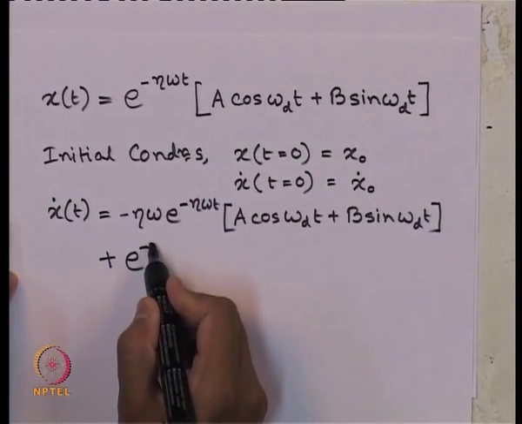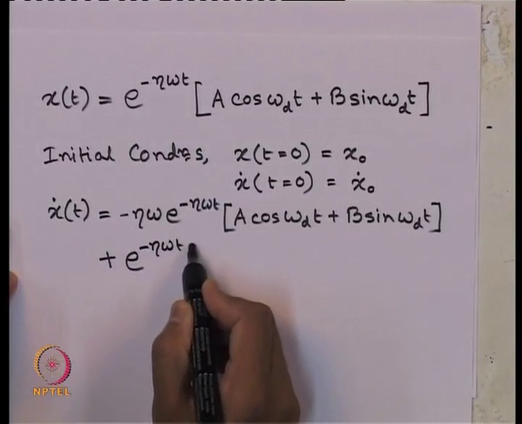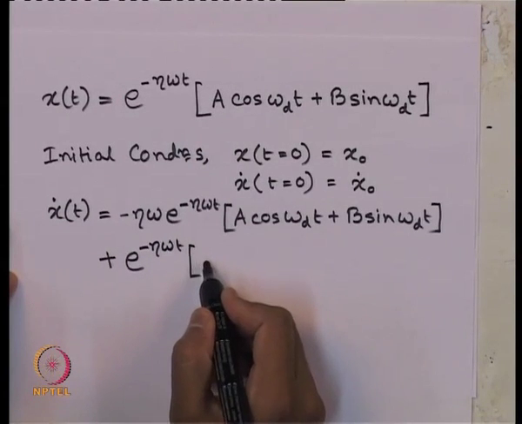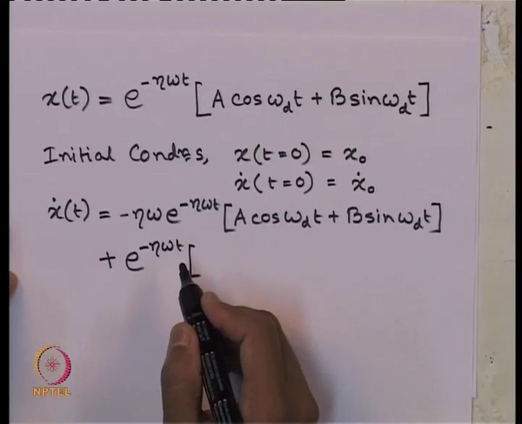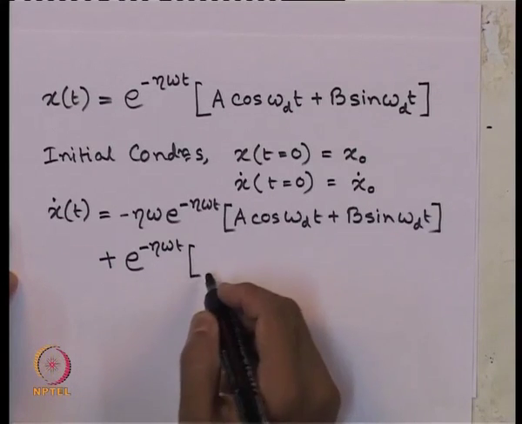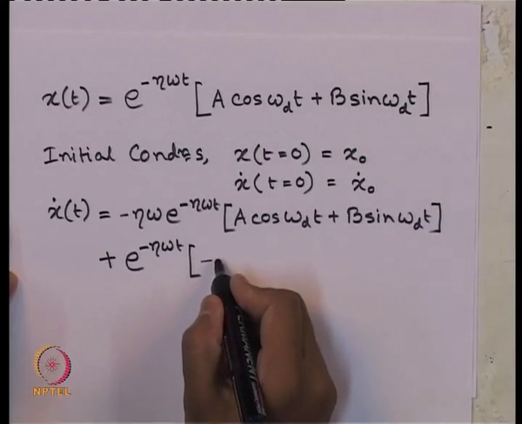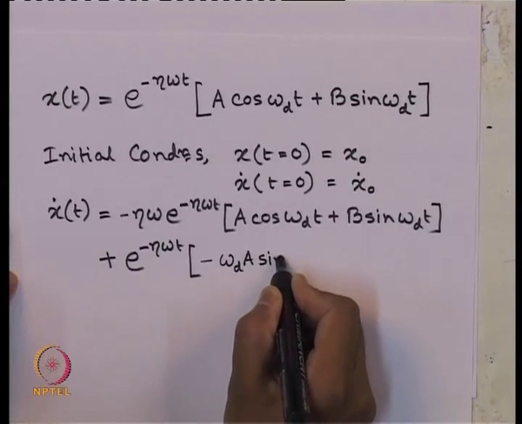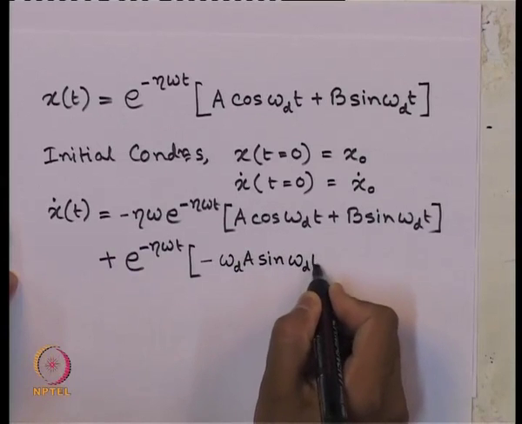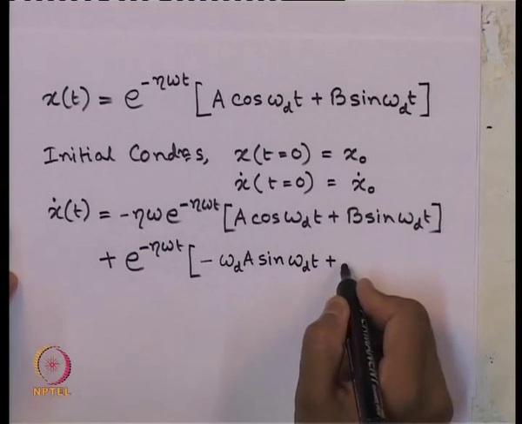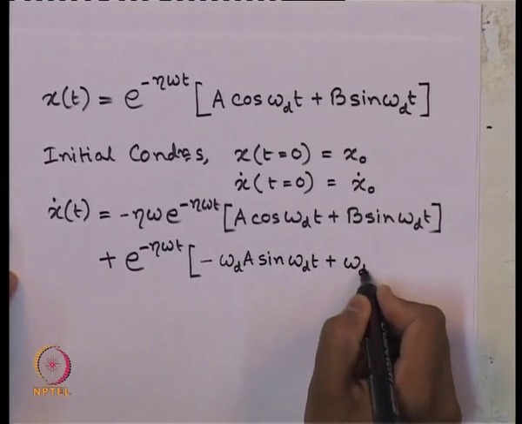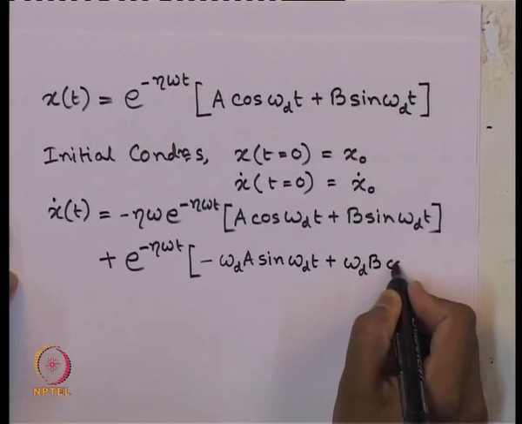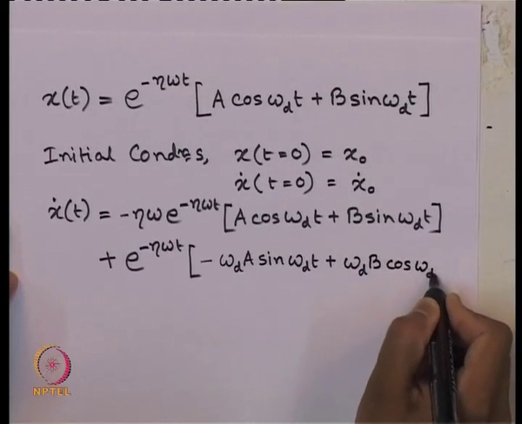So, e to the power minus eta omega t times, cosine becomes sine, minus omega d a sin omega d t plus, sine becomes cosine, omega d b cosine omega d t.